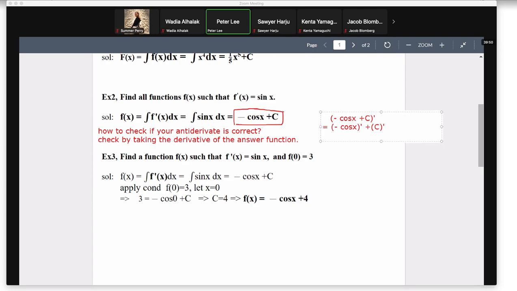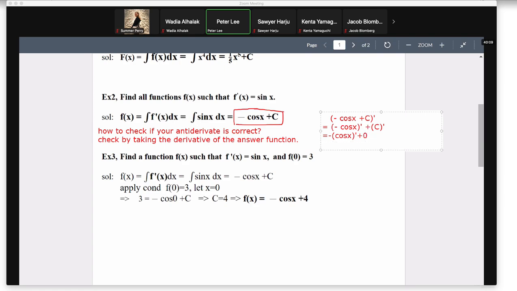So what is that? That is equal to minus times the derivative of cosine x, and I can apply the constant multiple formula, and then plus the derivative of c, which is 0.